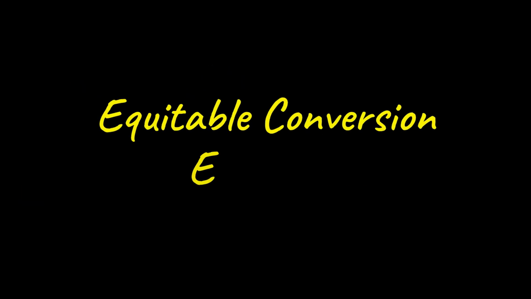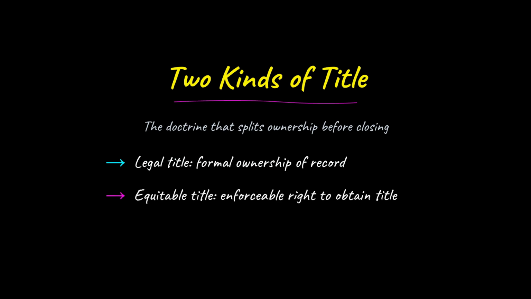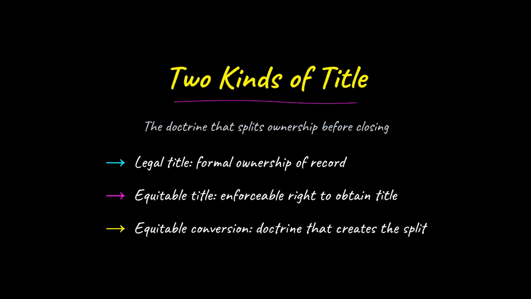position. A signed purchase contract feels like ownership, but the law sees something more nuanced happening in the gap between signing and closing. Until the deed is delivered, the seller keeps legal title, the formal record of ownership, while the buyer holds equitable title, the enforceable right to complete the purchase.